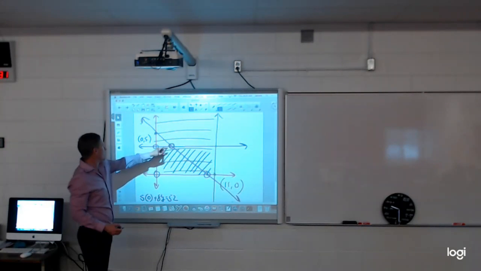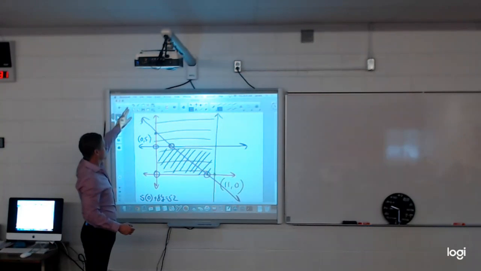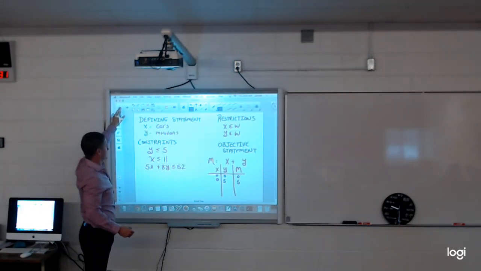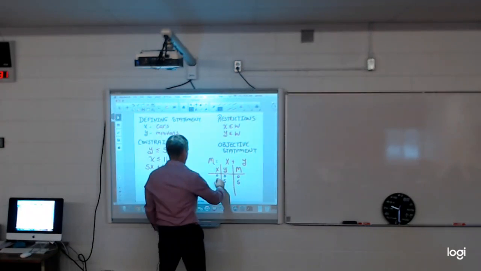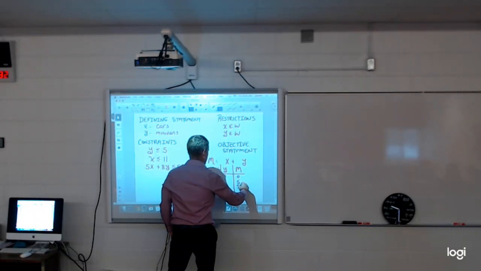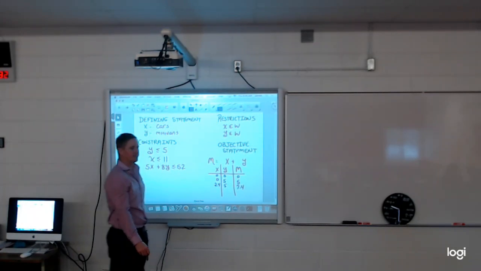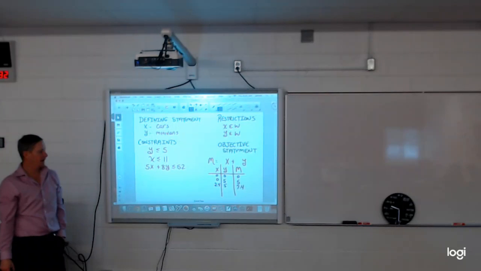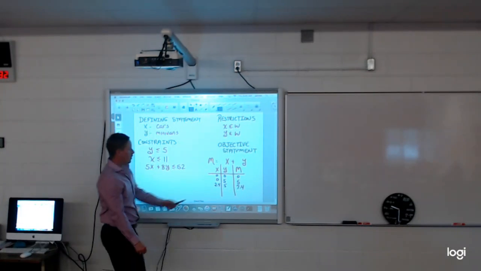So what was this coordinate here? 2.4 and 5? So that would give me 7.4 vehicles. Right? So 40, right?